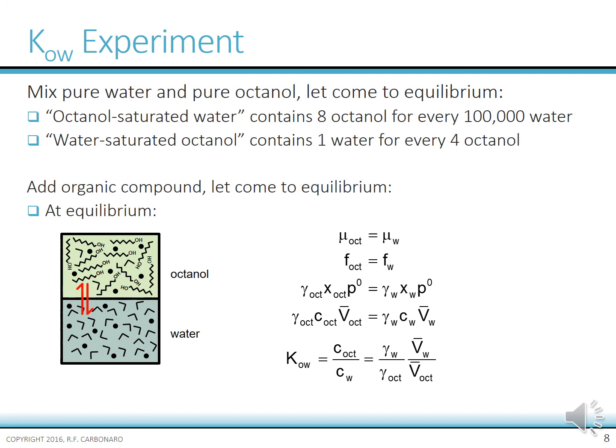We defined the fugacity in the water phase as being the vapor pressure of the pure liquid times the mole fraction in the water phase times the activity coefficient in the water phase. And now we're going to define the fugacity in the octanol phase very similarly: the vapor pressure exerted by the pure liquid phase times the mole fraction in the octanol phase times the activity coefficient for the octanol phase.